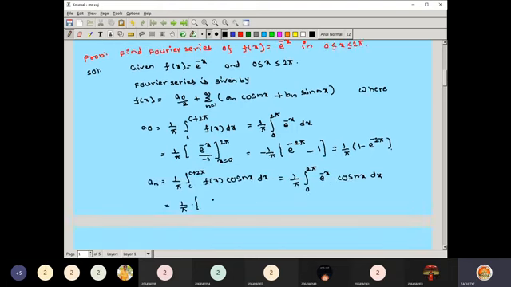I'm writing the same: e to the power of a, a means minus 1, into x, divided by a square, that is minus 1 square plus b square, n square, into a cos bx, where a means minus 1, cos nx, plus b sin bx, that is n sin nx.